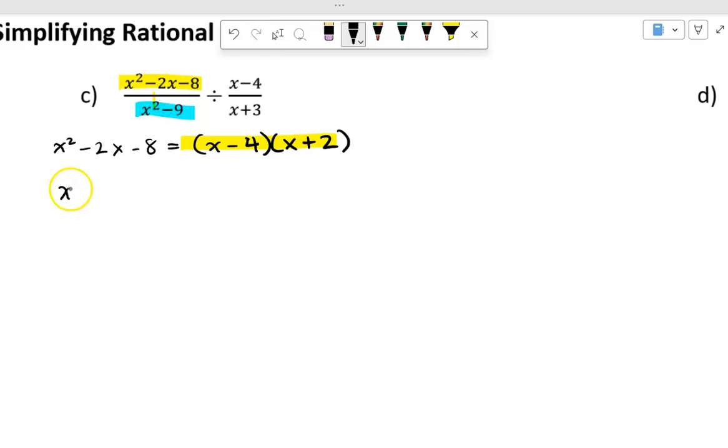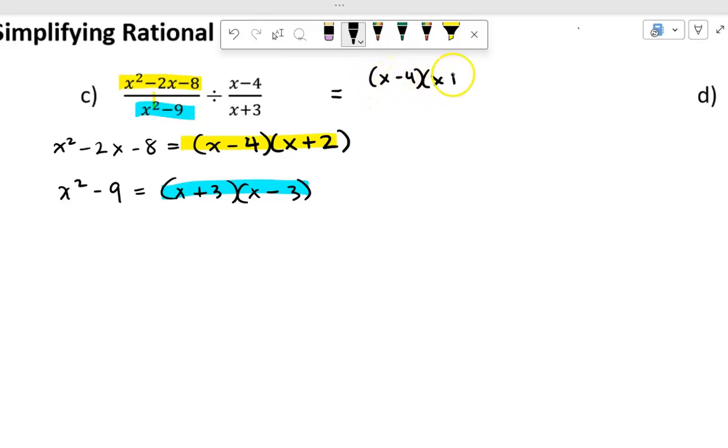On bottom, x squared minus 9 is a difference of squares. And when you have a difference of squares, one gets a plus, one gets a minus, x and 3 go in both. Now I'm going to rewrite my fraction, but it's going to be in factored form for my first fraction. (x minus 4)(x plus 2) all over (x plus 3)(x minus 3).